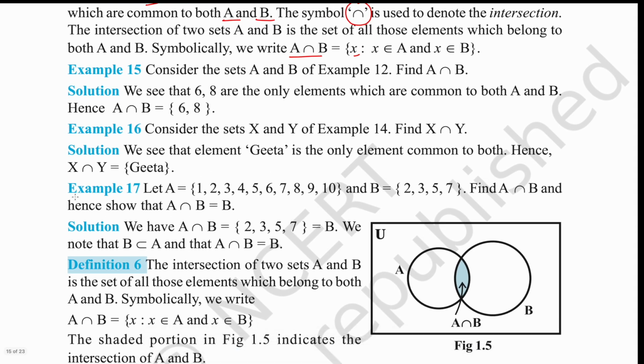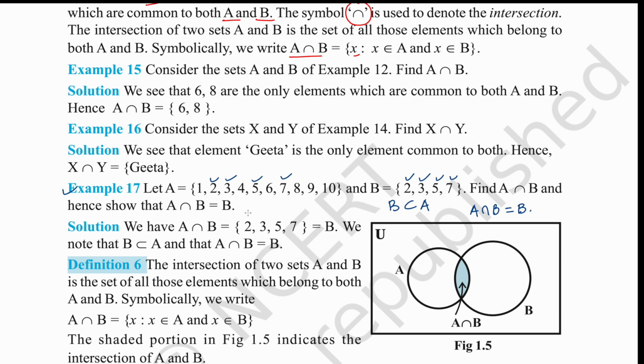Let's see example 17. In example 17, you can clearly see you have been given two sets A and B. Here if you see carefully, 2 is there in B, but 2 is also there in A. 3 is there in B, 3 is there in A also. 5 is there in B, 5 is there in A, and 7 is there in B, so 7 is also there in A. So here we can clearly see that B is a subset of A. And we studied just now that whenever you have B as a subset of A, and you try to find A intersection B, you'll get the smaller of the two sets, that is B here, right?